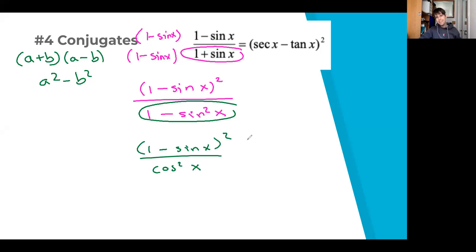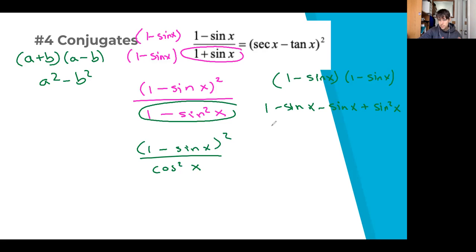Well, this is going to get a little bit trickier because I do have to multiply this out. I have to multiply out 1 minus sine x times itself. So let's do that on the side here. 1 minus sine x times 1 minus sine x. So we're doing 1 times 1, 1 times minus sine x, minus sine x times 1, negative sine x times negative sine x, that's going to be plus sine squared x.